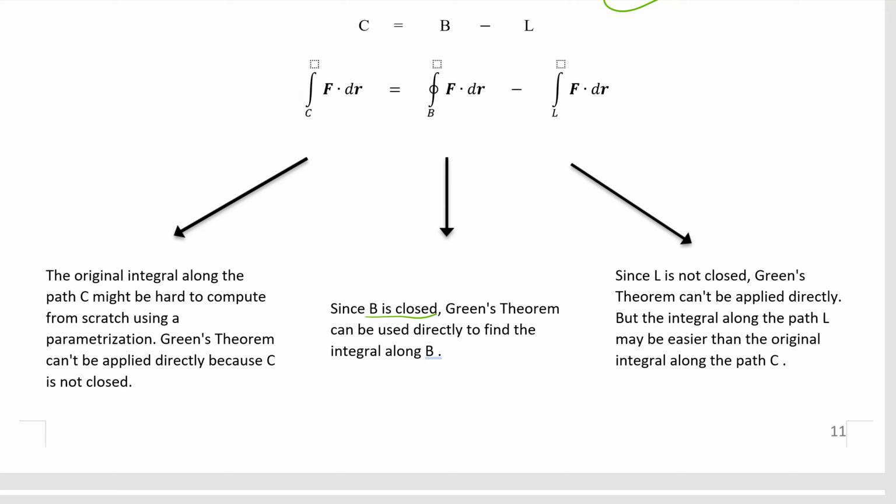Green's theorem can be used directly to find the integral along B. And now the line segment L is not closed, so Green's theorem cannot be applied directly, but you can calculate the line integral easier because it's just a line segment, right? Usually the parameterization is much easier.